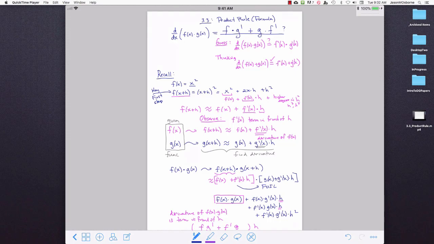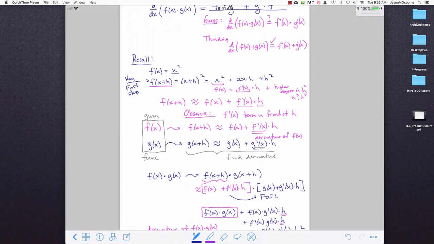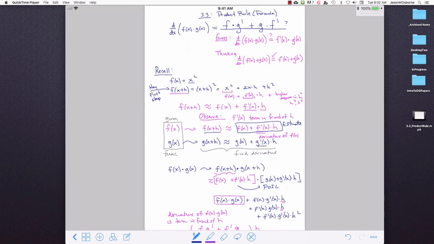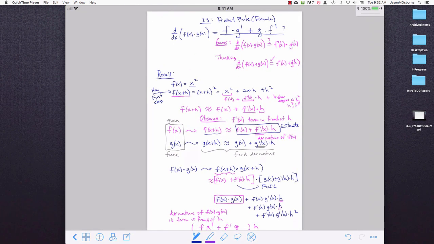It's just FOIL and using the idea that the function f of x plus h can be approximated by f of x plus f prime of x times h, or this is the estimate of f of x plus h. And then you just use FOIL and you get the formula for the product rule.